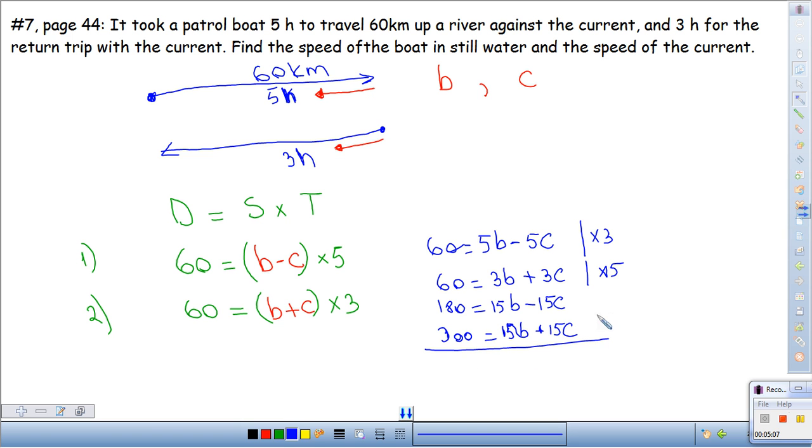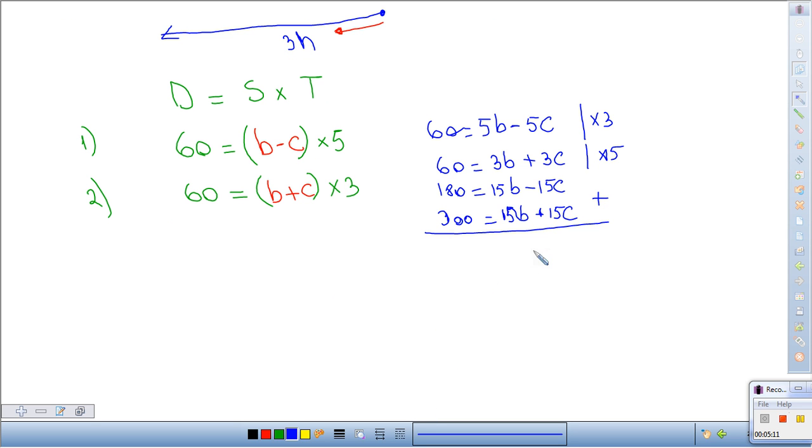Now I can add the two equations together, and the C's are eliminated, and I'll have 480 equals 30B. I can divide both sides by 30, and B will equal 16 kilometers per hour.